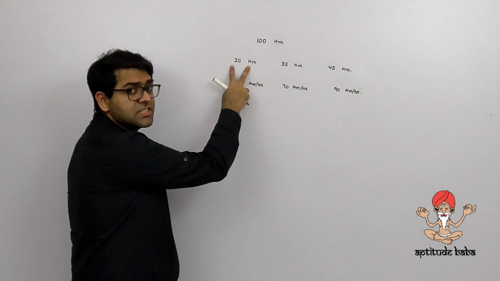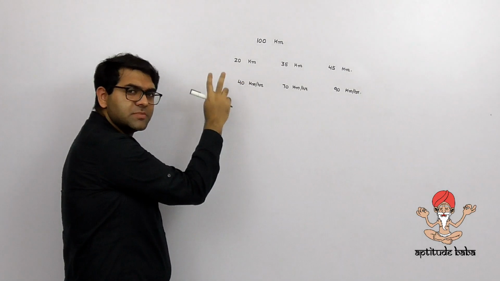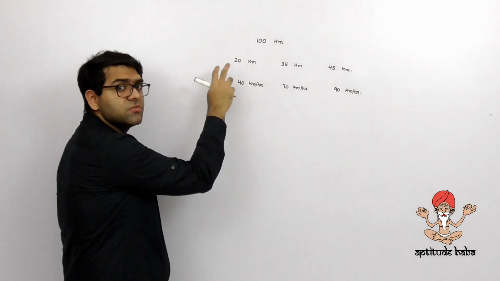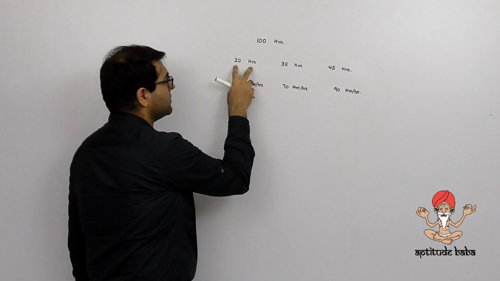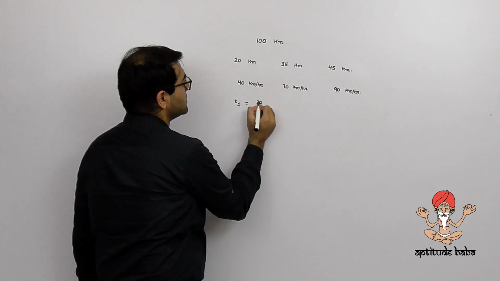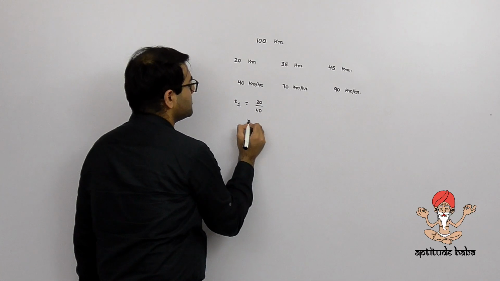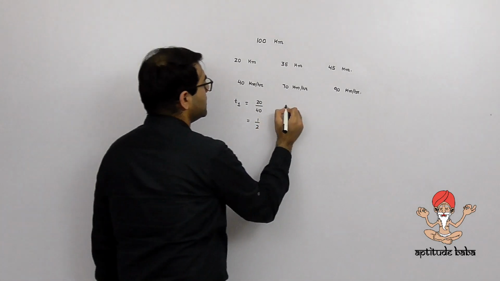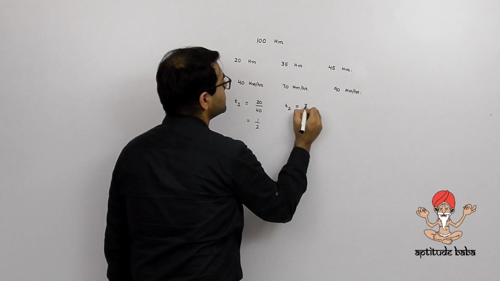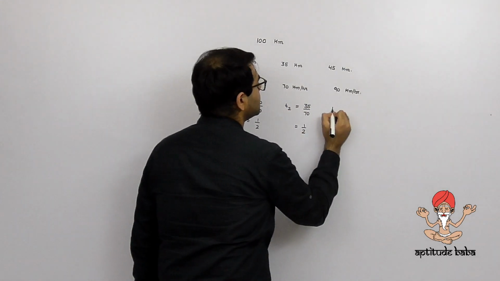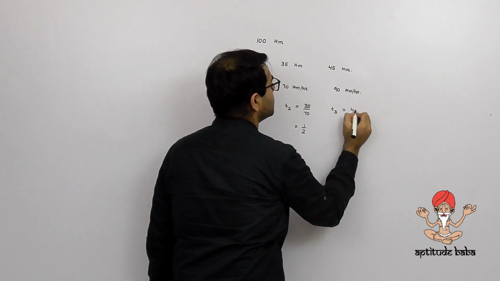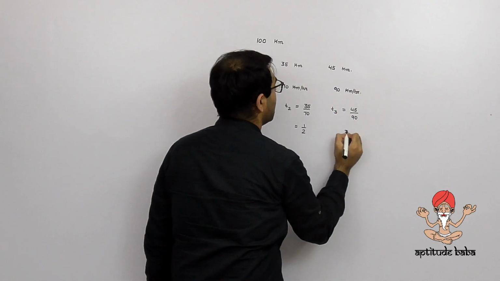If this is the distance traveled and if this is the speed of traveling that distance, from here can I say that the time taken to cover this distance will be nothing but distance by speed, or perhaps half an hour? In a similar fashion, I can define the time taken to travel 35 kilometers as half an hour, as well as the time taken to travel 45 kilometers as again half an hour.